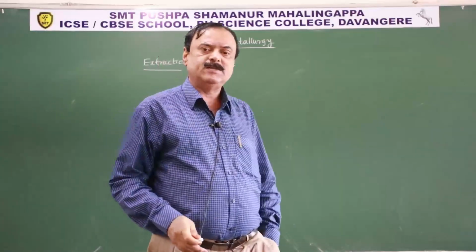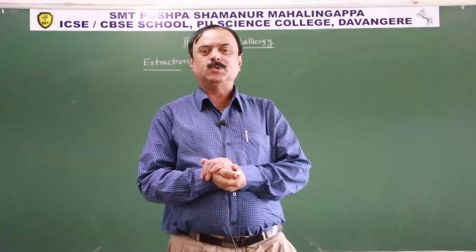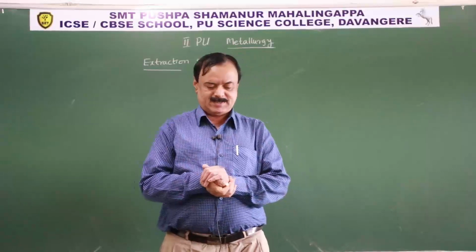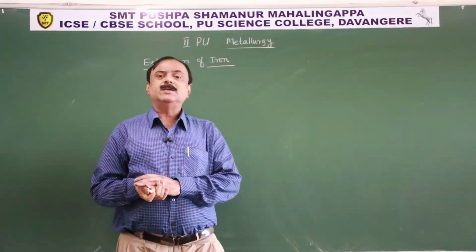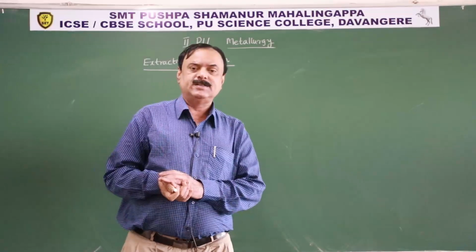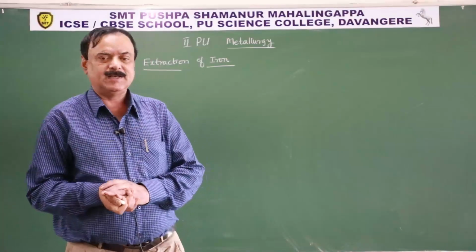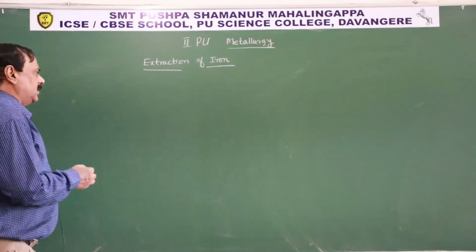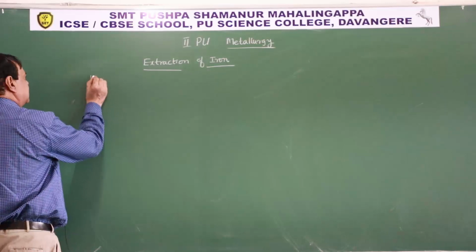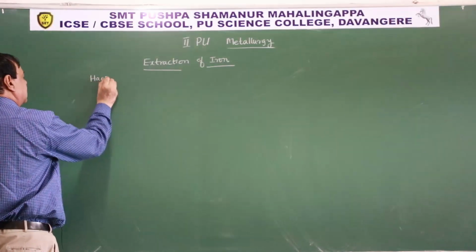The important minerals and principal ores of the iron are hematite, magnetite, siderite and limonite. Hematite is the principal ore of the iron.